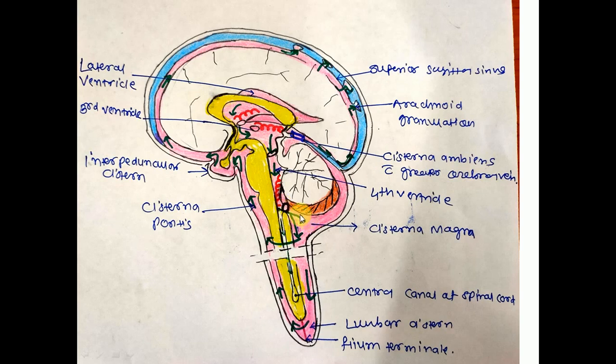This triangular space between the inferior surface of the cerebellum and dorsal surface of medulla oblongata, and here locates the internal occipital crest. So this triangular zone is known as cerebellomedullary cistern, or cisterna magna.